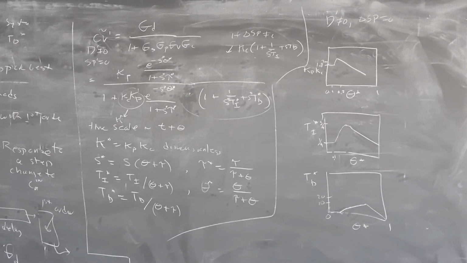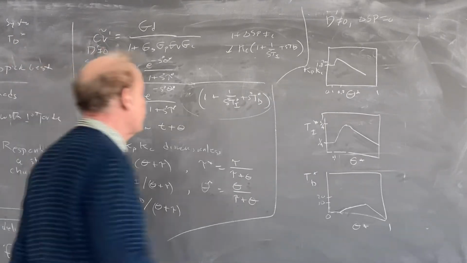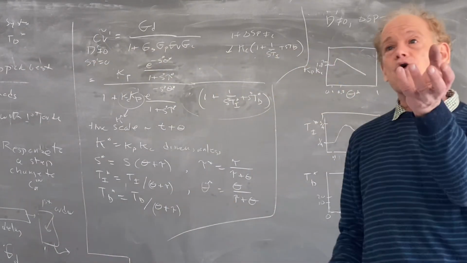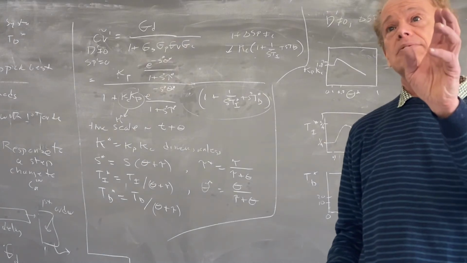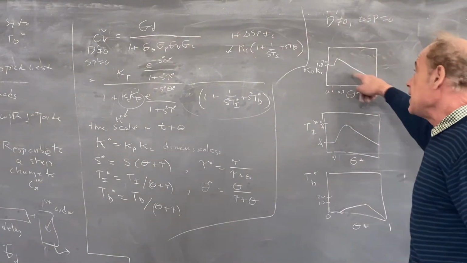You get frustrated and you turn it some more. That's a high value of KC. You're turning it too much. So obviously you don't want to turn it too much, but if you don't have much of a delay, you feel comfortable turning it more because you see the result right away. You feel the result on your back right away. So that's what's going on here. But the bigger the delay, the more careful you are about turning that knob. That's KC. So you start going down.